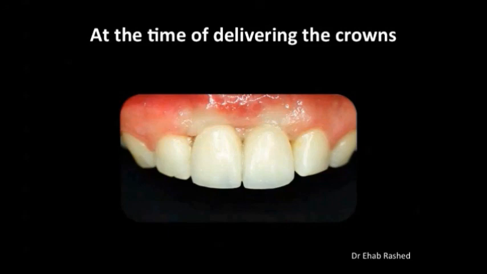The reason this has happened is because we copied the shape of the gingival sulcus, and the crown has been manufactured in a way to support that gingival area from the buccal side in order not to collapse. This blanching should disappear in a few minutes.